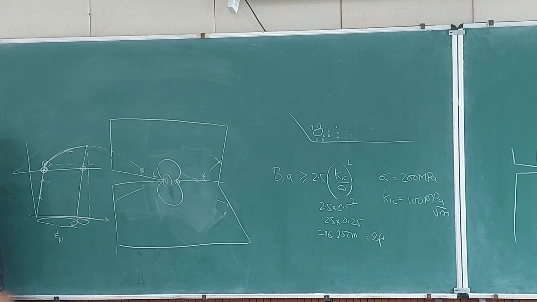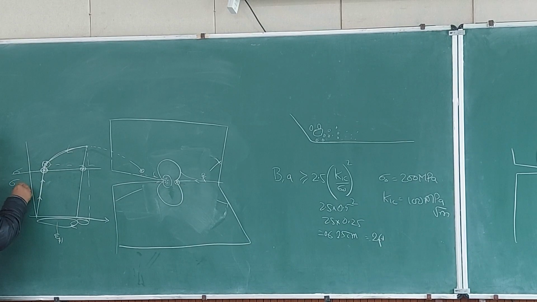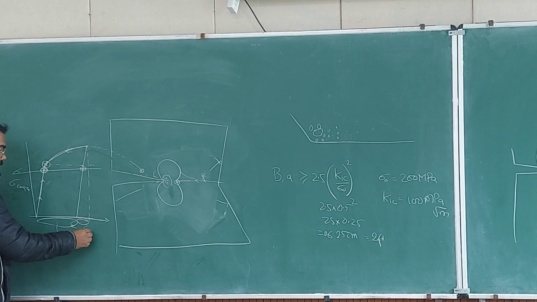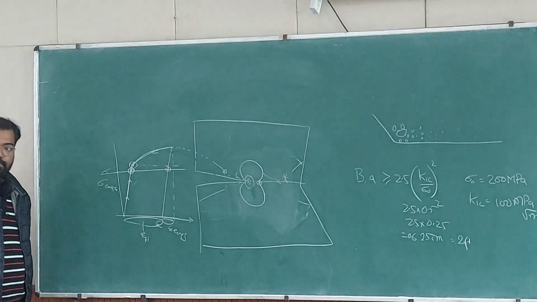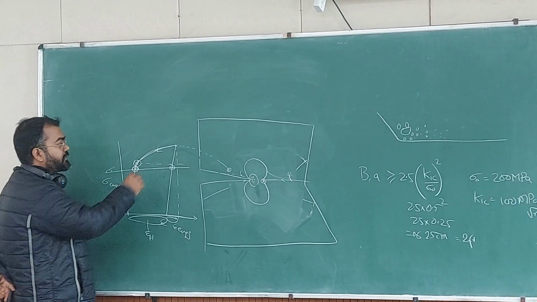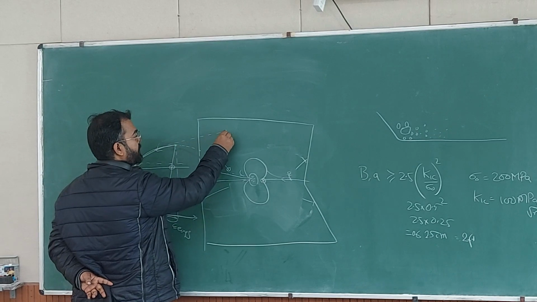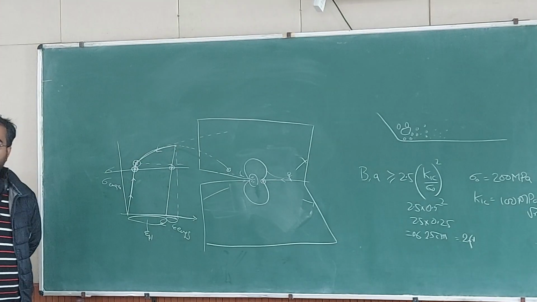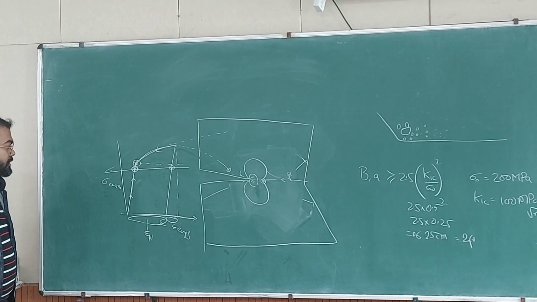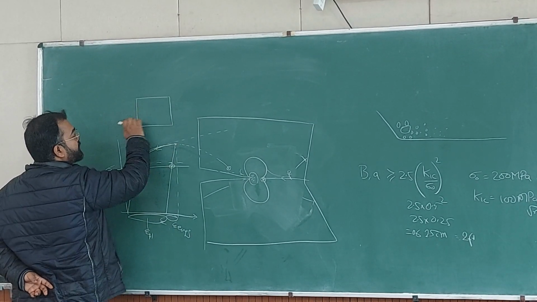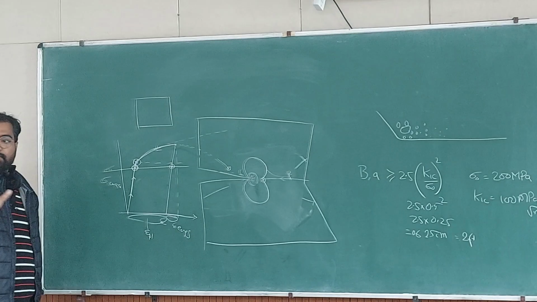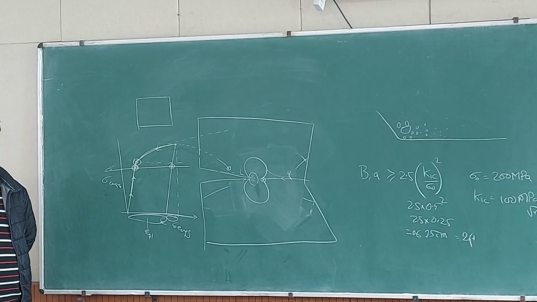So one is that this is the engineering stress strain curve, and that goes down. But if you plot the true stress strain curve, that will never go down. It will keep on increasing, and then there will be fracture. Okay. So assume a small box in which you have nothing. It's a representative volume of your material.